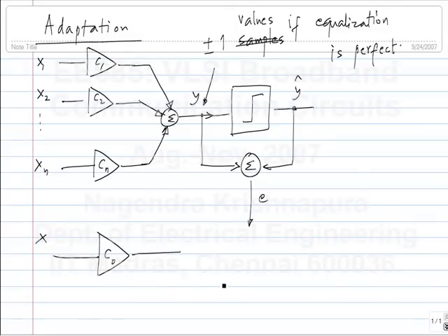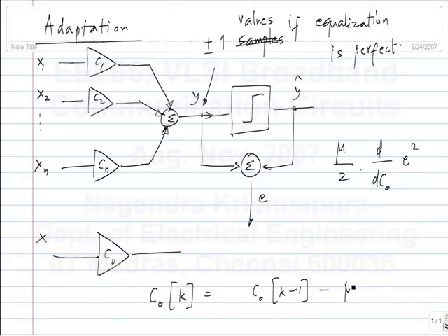What did we do? What was the idea? In this case, if I want to update C0 at time k, it is C0 at time k minus 1, and you do something to it to update it. What do you do? We took mu by 2 times the gradient of the mean square error with respect to the coefficient, and that turns out to give you 2e times the gradient of the error with respect to the coefficient.